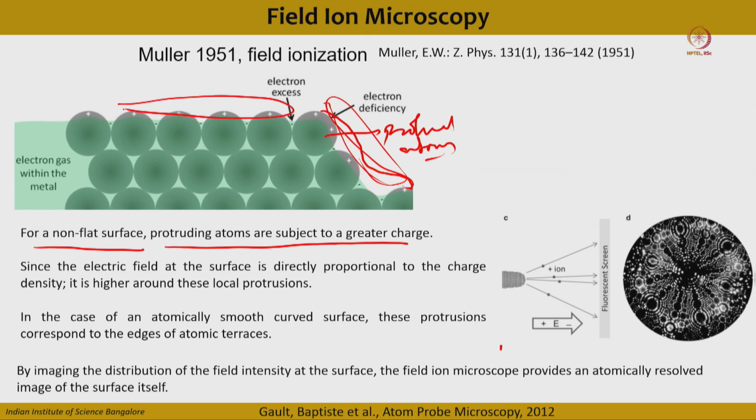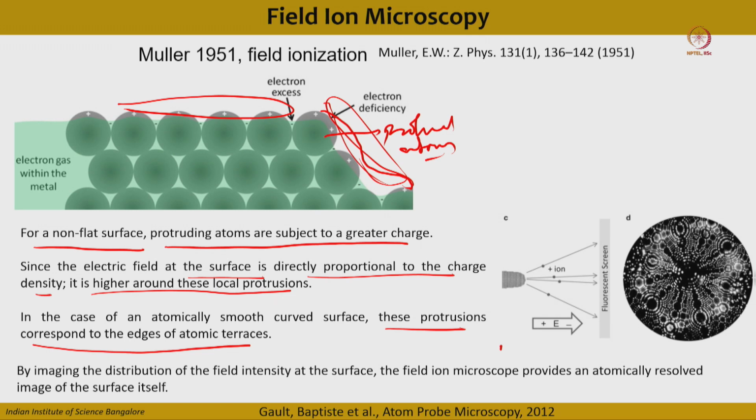Here it is more intense and more concentrated than on the flat surface. The electric field at the surface is directly proportional to the charge density, and it is higher around these local protrusions. In the case of atomically smooth curved surfaces, these protrusions correspond to the edges of the atomic terraces.